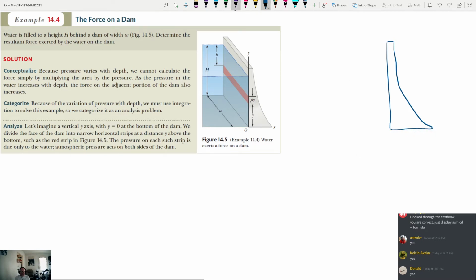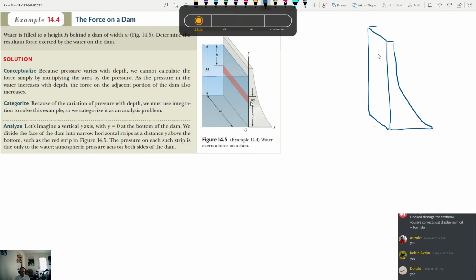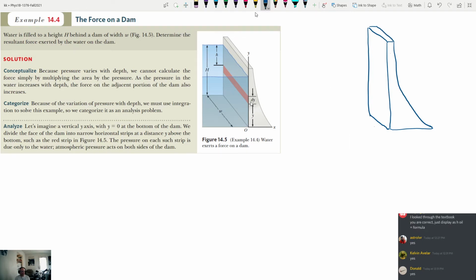So there's our dam, and it's three-dimensional, so we've got to give it some three-dimensional nature here. And it's holding back a bunch of water, and here's our water over here. Let's say the water comes up to this level. All right, so it's holding back all this water back here.